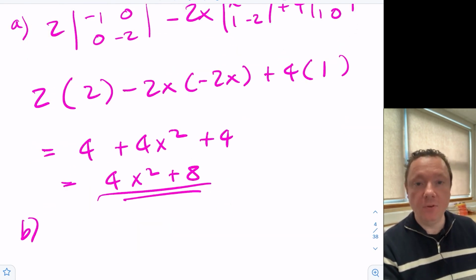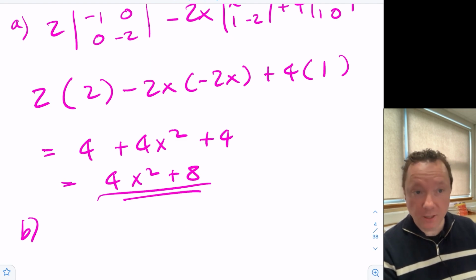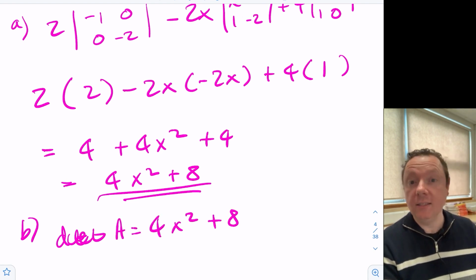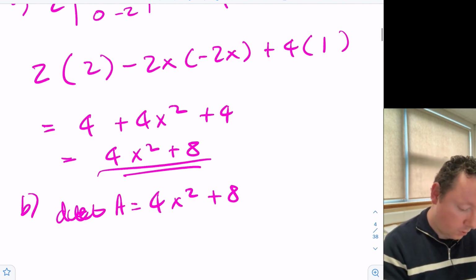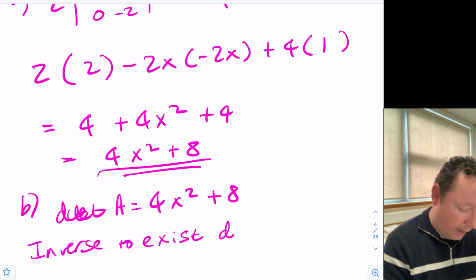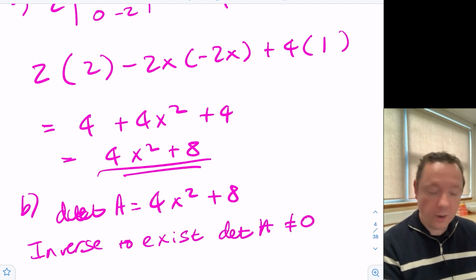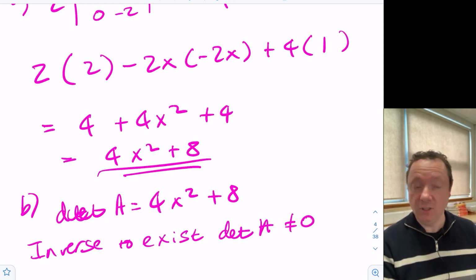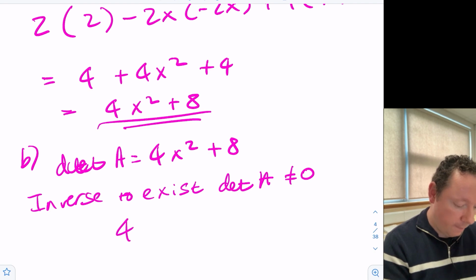Part B, we have to determine for which values of x the inverse matrix exists. So our determinant, remember, is equal to 4x squared plus 8. And for the inverse to exist, the determinant cannot equal 0. So for the inverse to exist, det A cannot equal 0. So we're just looking to see what values of x make 4x squared plus 8 never 0.